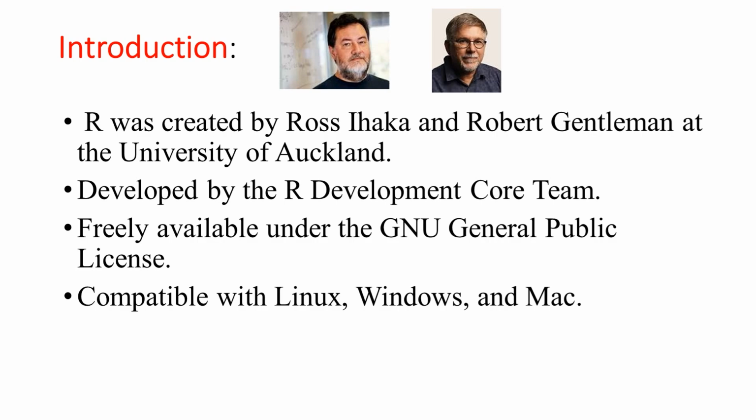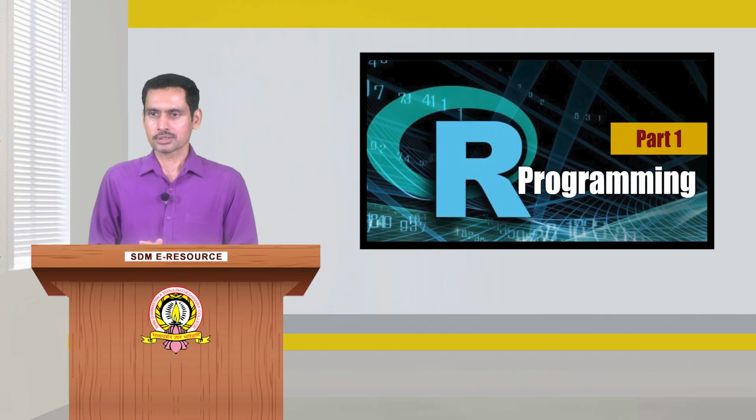These are the two persons who developed the R programming language: Ross Ihaka and Robert Gentleman at the University of Auckland. Both names start with the letter R, that's why it is called the R programming language. Now, it is developed by the R Development Core Team, and every year they come up with a new version.